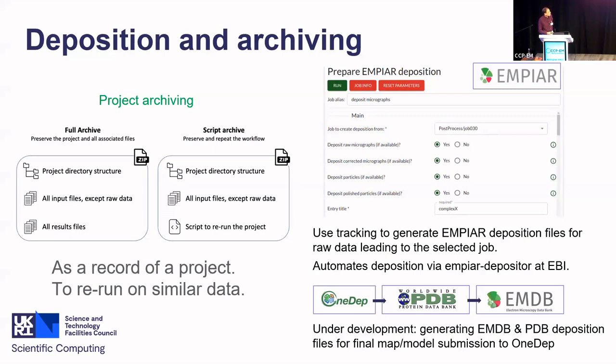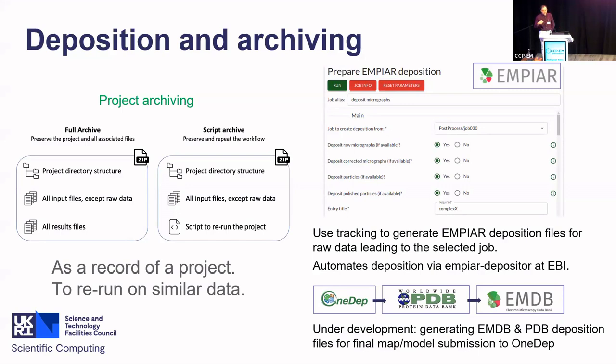And for EMPIAR already has an EMPIAR depositor script that allows you to collate the data that you would want for an EMPIAR deposition and upload it to EMPIAR. What we've done is to create a tool that will collect all of the information from you using the information that we're holding in Pipeliner.